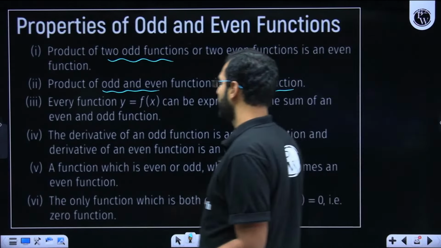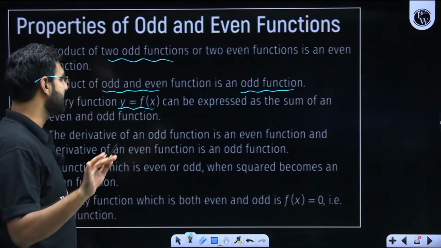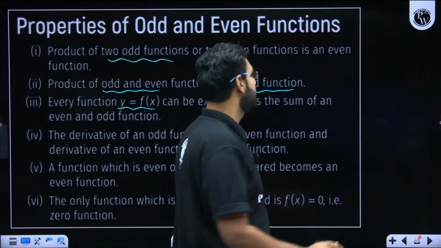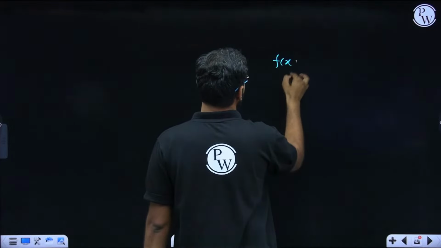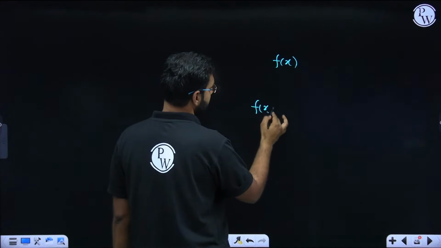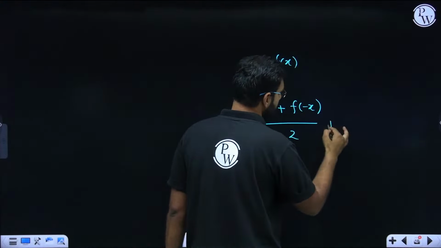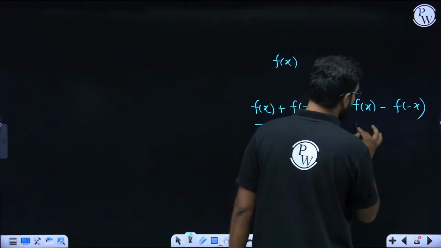And something very crucial, any function can always be expressed as a sum of an even and an odd function. What does it mean? Here, let's say you're given a function, f of x. Now this f of x I can write as f of x plus f of minus x whole divided by 2 plus f of x minus f of minus x whole divided by 2.